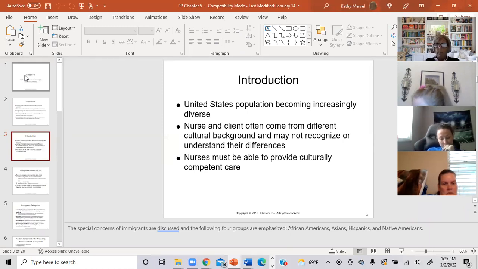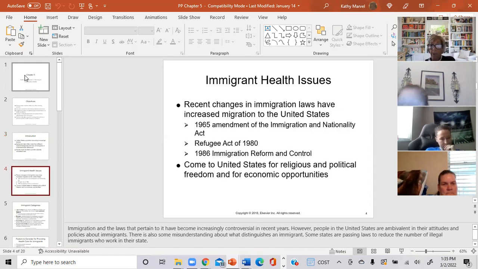So you need to be moving towards cultural competence to be able to effectively provide care, right? Nurses and clients often come from different cultural backgrounds and may not recognize or understand the differences, right? Nurses must be able to provide culturally competent care.